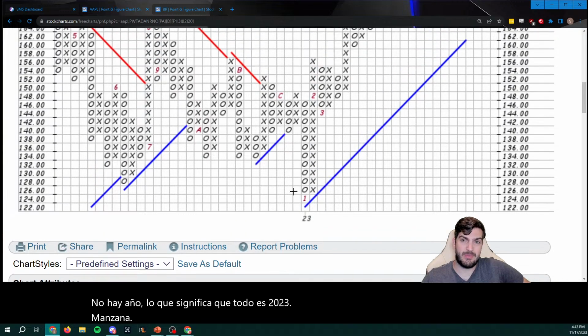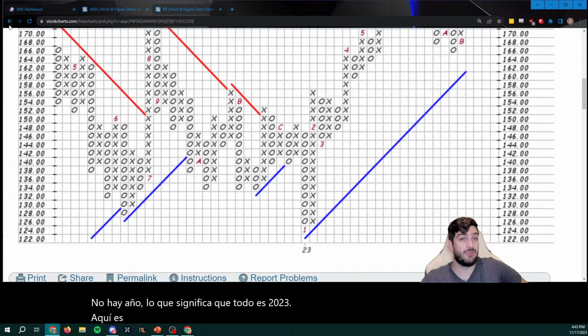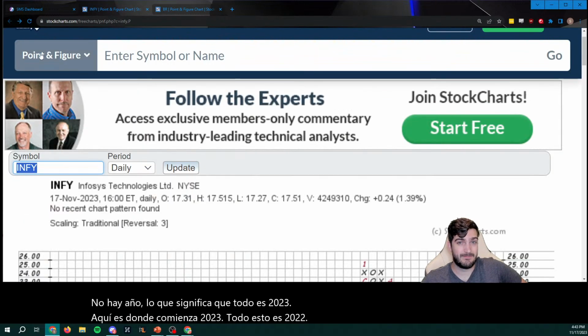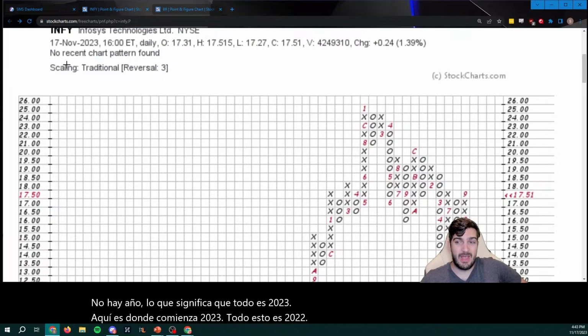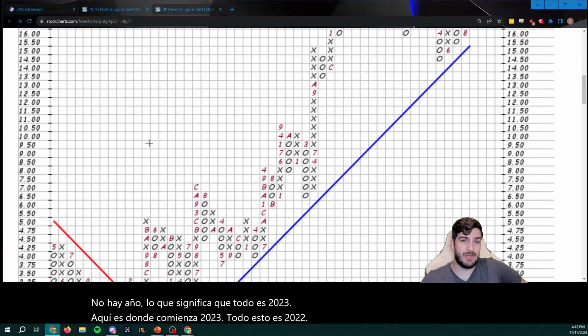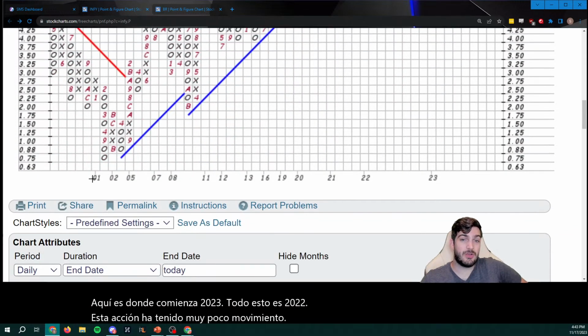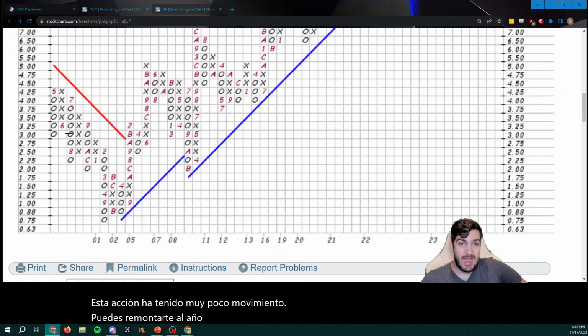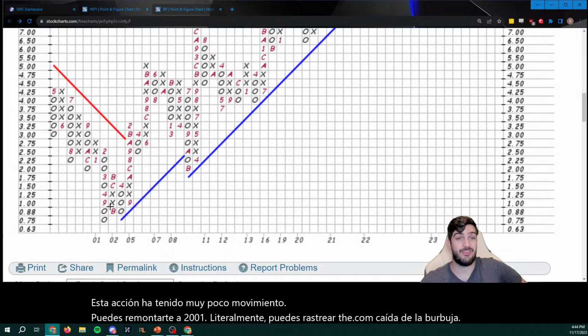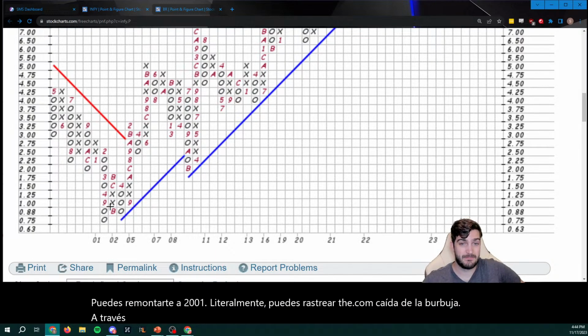Here's where 2023 begins. All of this is 2022. This stock has had so little movement. You can go back to 2001. You can literally track the dot-com bubble crash through this stock's single point and figure chart.